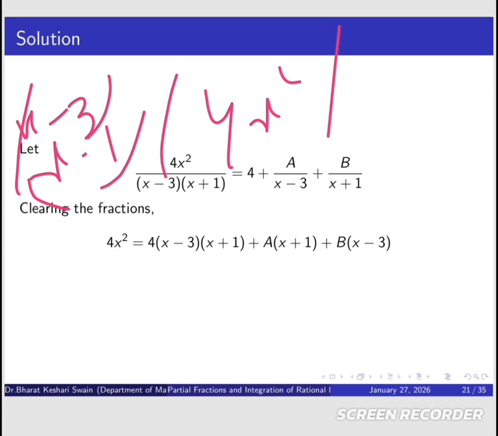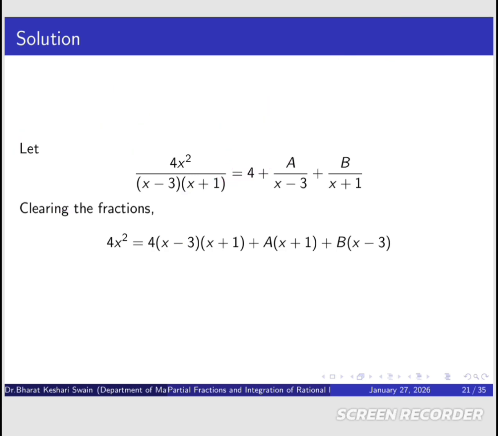So what will be your quotient? The quotient will be 4, and the denominator will be the remaining term. The quotient will be 4 plus something, but the factors will be x minus 3 and x plus 1.